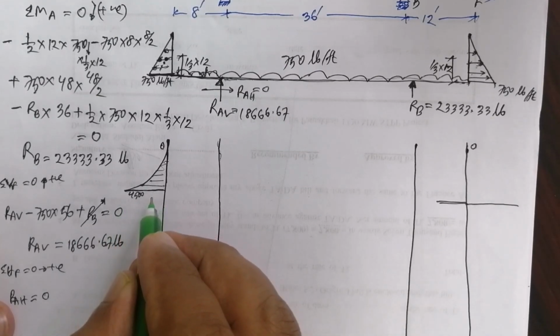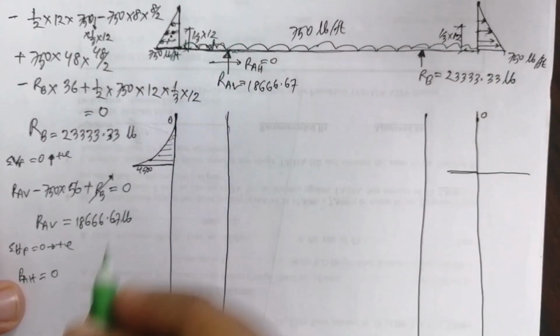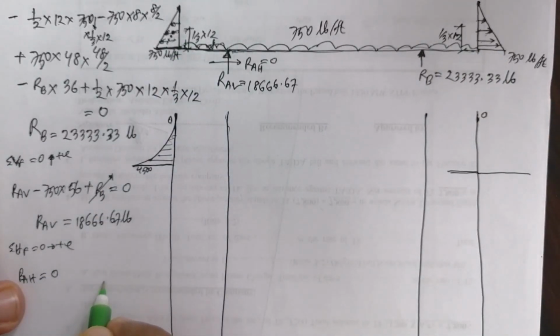So if we draw the free body diagram of this point and this point, it should be like this.